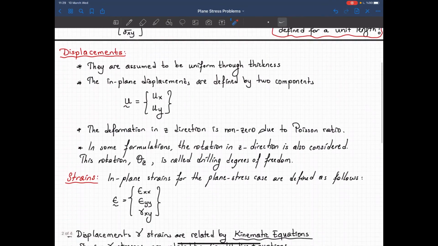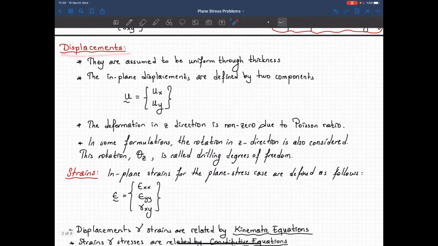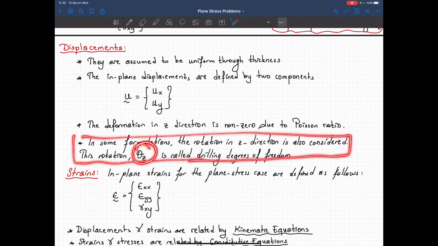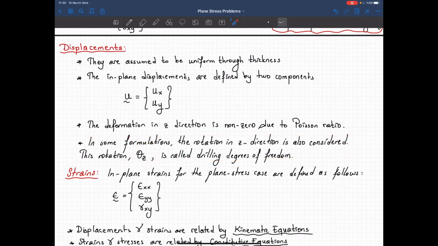The next thing is to take a look at the displacements. In the membrane element we actually have two types of displacement: translation in the X direction and translation in the Y direction. No rotations are defined, so in the membrane element these are the two displacements that we will see, and in the future we will see an alternative displacement with rotational degrees of freedom.